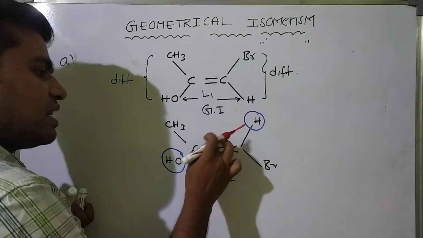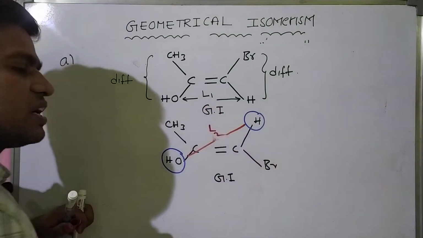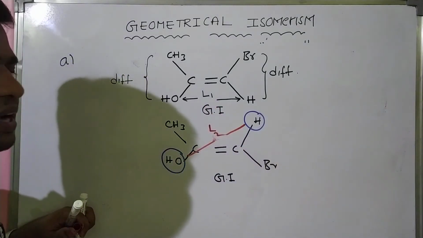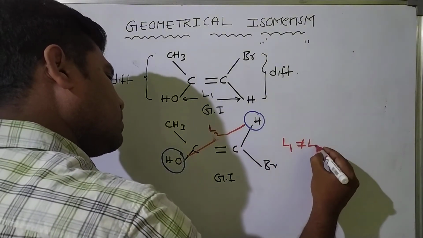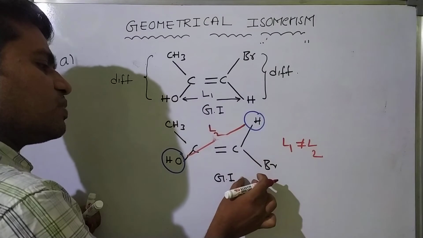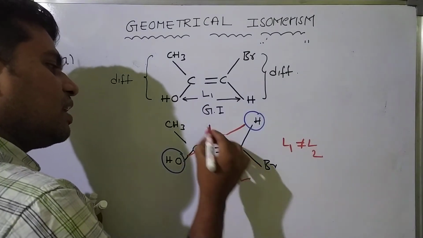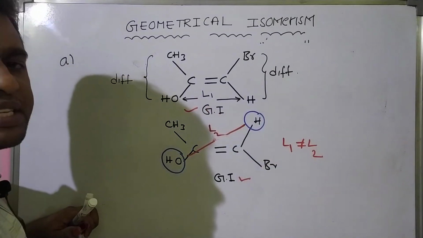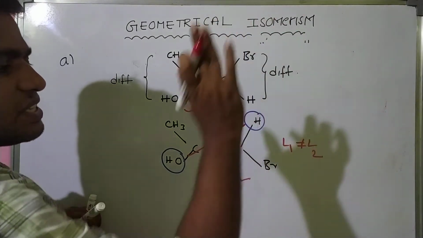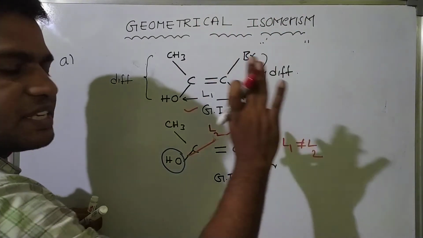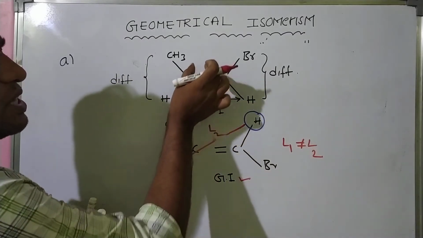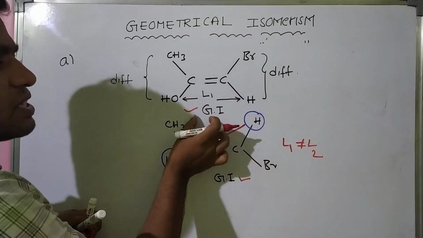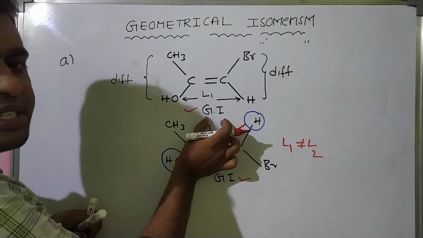So this distance, say it is L2. Understanding? Okay. If L1 is not equal to L2, definitely these two isomers will exhibit geometrical isomerism. The first condition is satisfied. The second condition is also satisfied for this compound. So this compound will successfully exhibit geometrical isomerism.